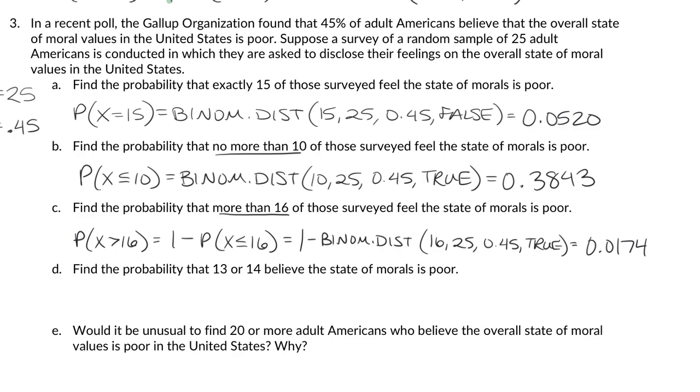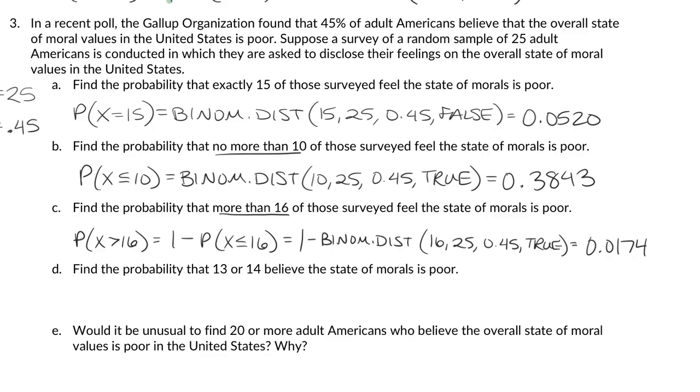Okay. Letter D, find the probability that 13 or 14 believe the state of morals is poor. 13 or 14. In the probability unit, what did I do with probabilities when I had the word or in between them? I added them. So what should we do with these probabilities? Add them. We're going to do the binomial distribution twice in one cell.